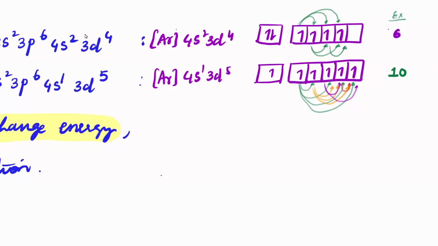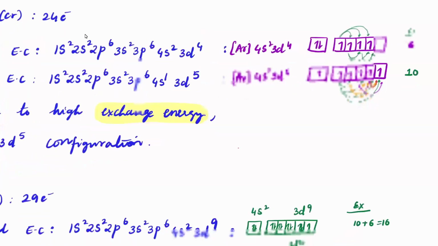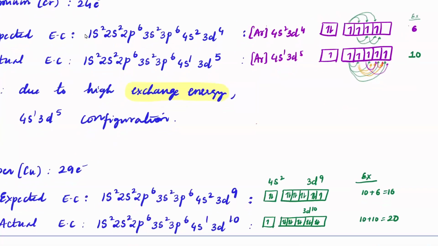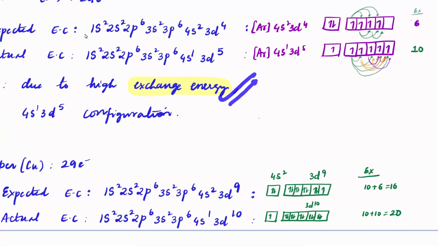So if the energy that the electron spends to make this excitation from 4s to 3d is less than the amount of exchange energy it is offering, then it will definitely go for exchange energy. So exchange energy is the amount of energy that is released.